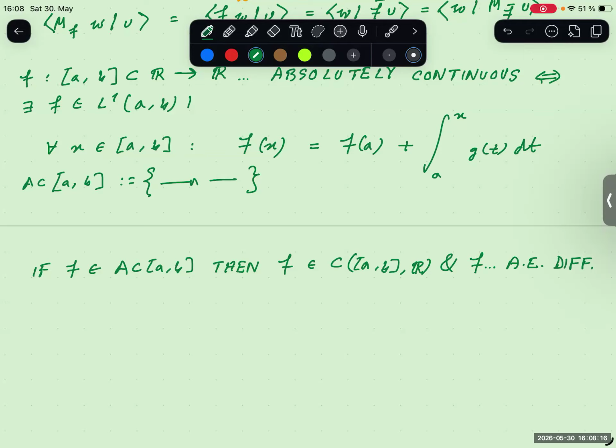So those who are not familiar with this notion of almost everywhere, it is mostly related to measure theory.